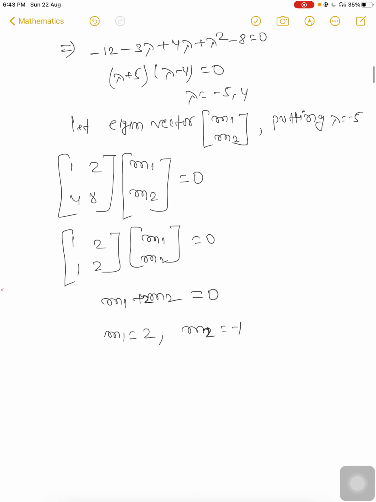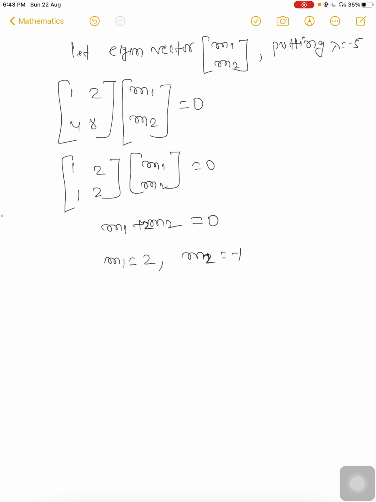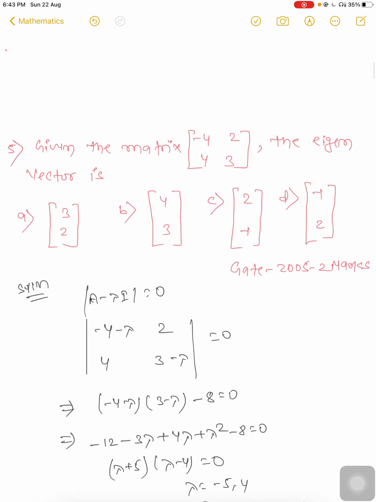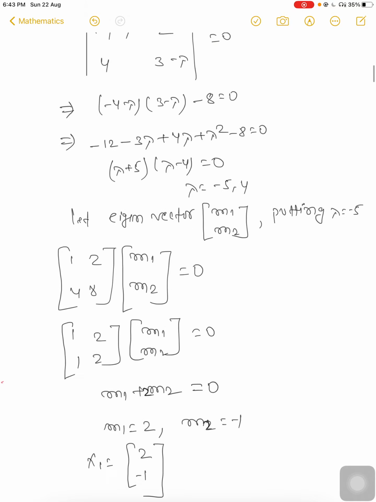The eigenvector corresponding to the eigenvalue lambda 1 equal to minus 5 will be x1 is equal to 2 by minus 1. The option is 2 by minus 1, so option C will be the right answer.